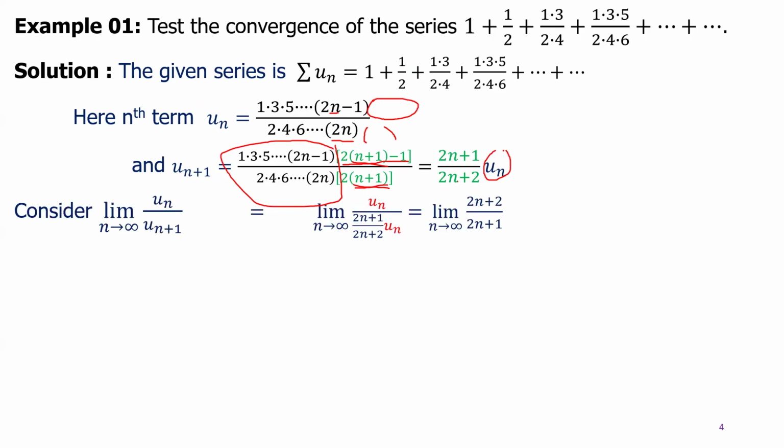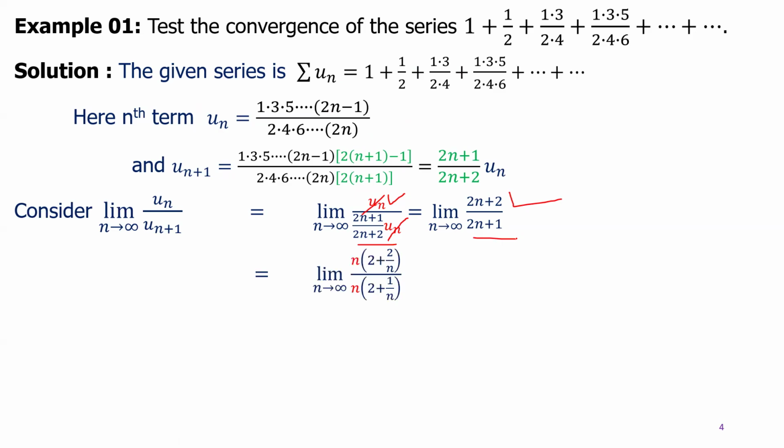Now we have to consider the ratio of un upon un plus 1 when n tends to infinity. Here un plus 1 is 2n plus 1 upon 2n plus 2 times un. So un will cancel. And 2n plus 2 goes to the numerator, and 2n plus 1 comes to the denominator. If we take n outside, then n will cancel.